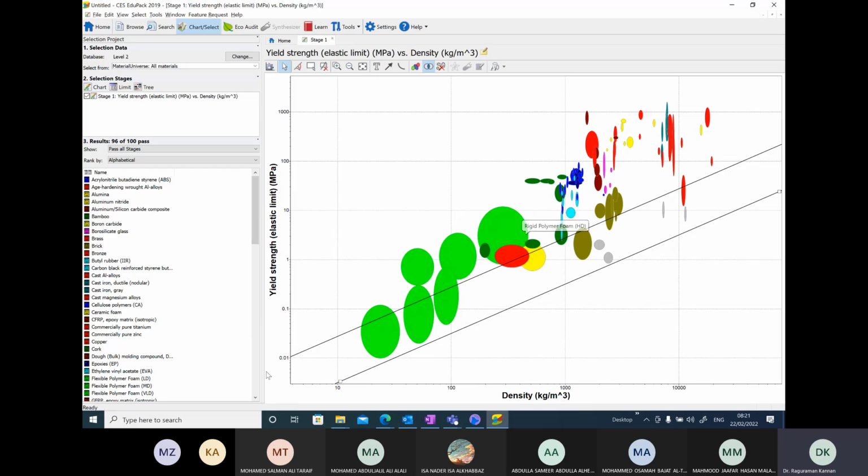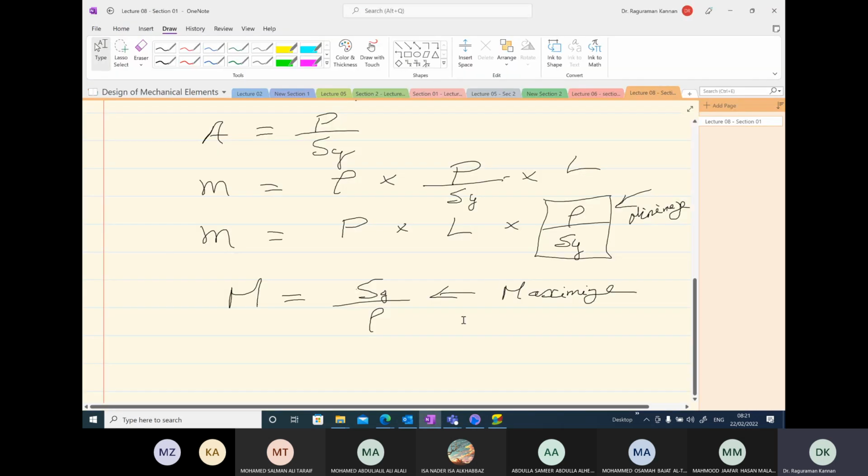Based on that, we can easily get the slope. So let's say we have 2 points with the values rho 1, sy 1, and rho 2, sy 2.